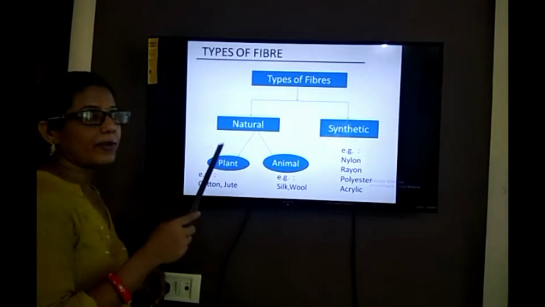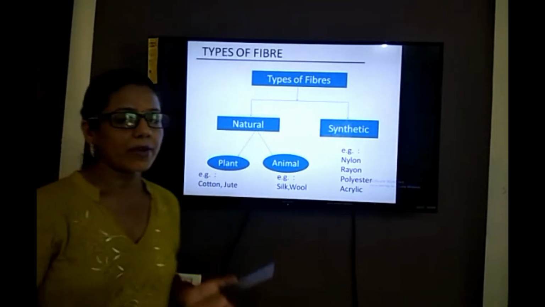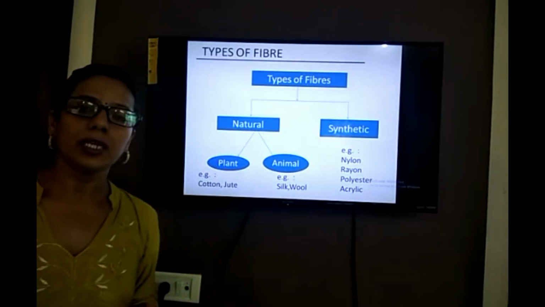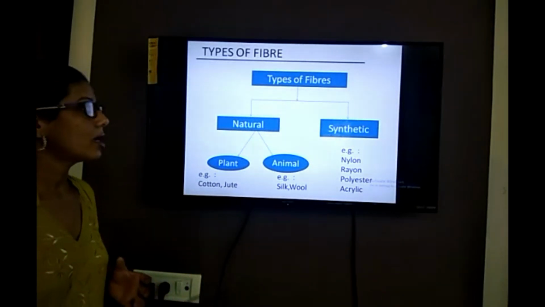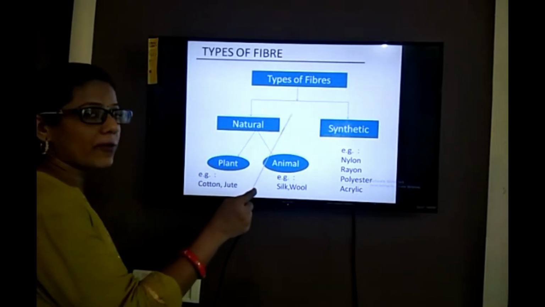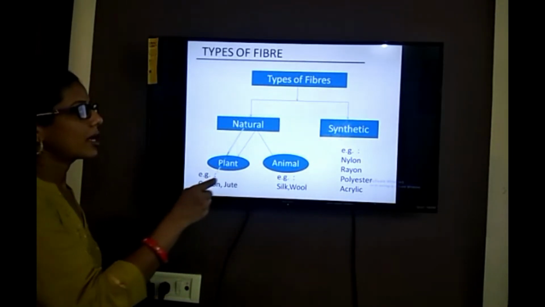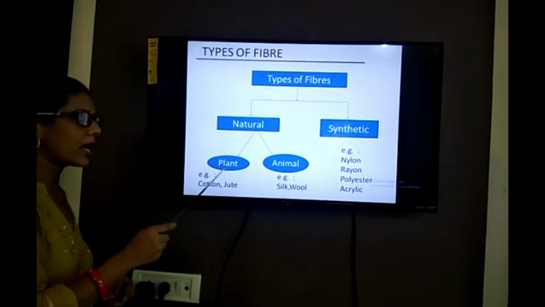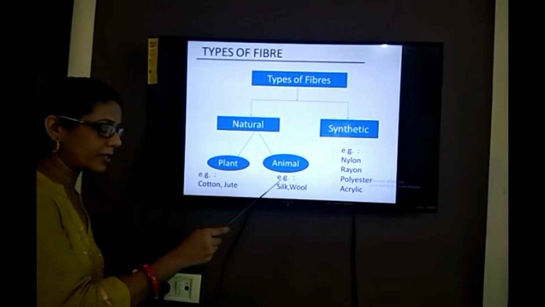In this slide we will discuss types of fibers. As we have discussed, fiber means a thin strand which is used to make yarn. Basically there are two types of fibers, natural fibers and synthetic fibers. Natural fibers are of two types, plant fibers and animal fibers.